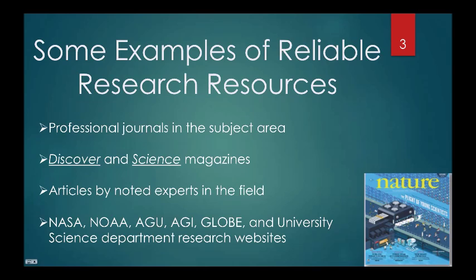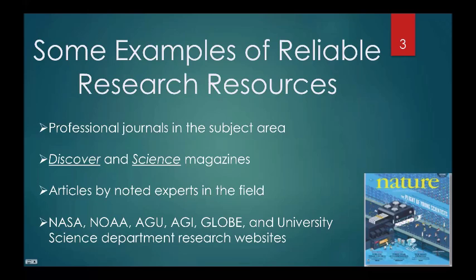Next, articles by noted experts in the field. You don't want to go to, say, a dentist to find out information about nuclear physics. Next, some organizations that give you good information about particular subject areas in science are NASA and NOAA. Those two are pretty well generally known.